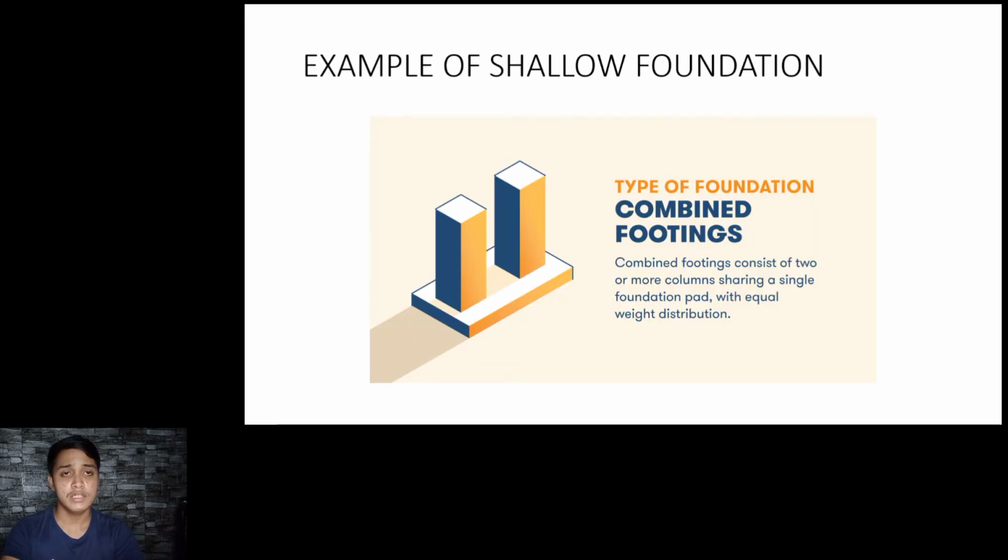Next is combined footings. It consists of two or more columns sharing a single foundation pad with equal weight distribution. Combined footing is used in construction when two or more columns are close to each other and their foundations overlap.